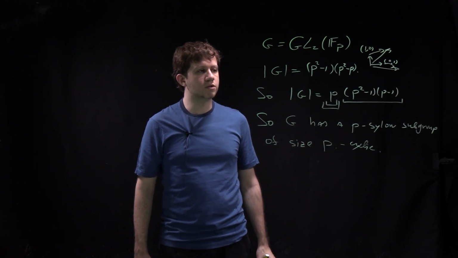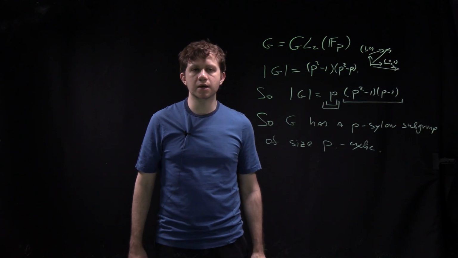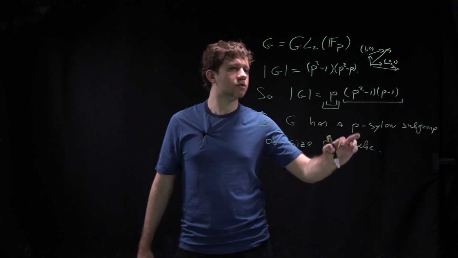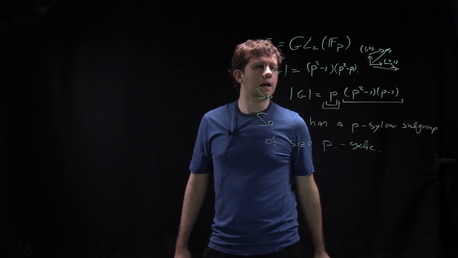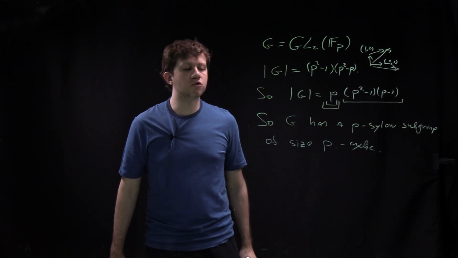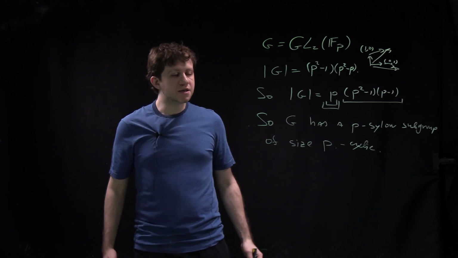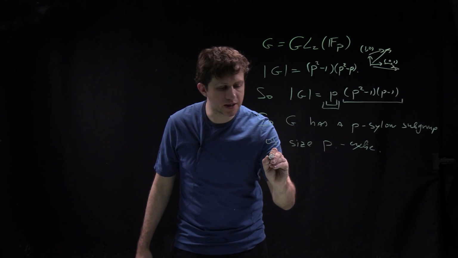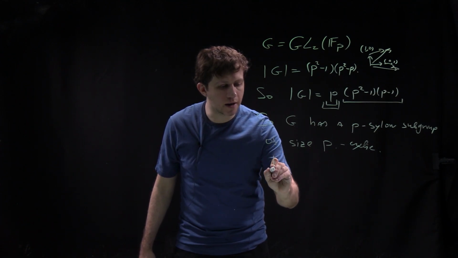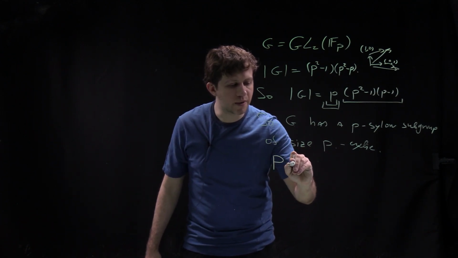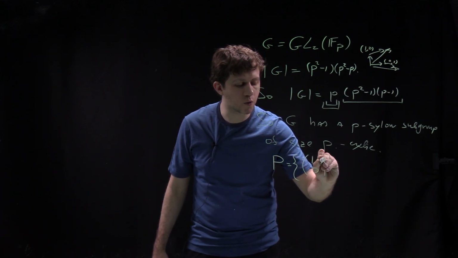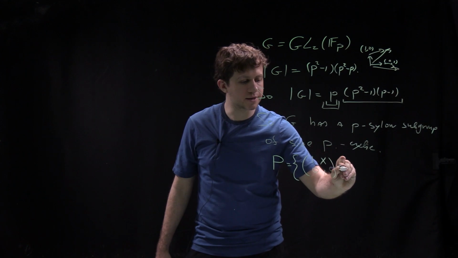There are different ways. The simplest way is just to present it. So consider a subgroup P consisting of matrices of type (1, x; 0, 1) inside G.